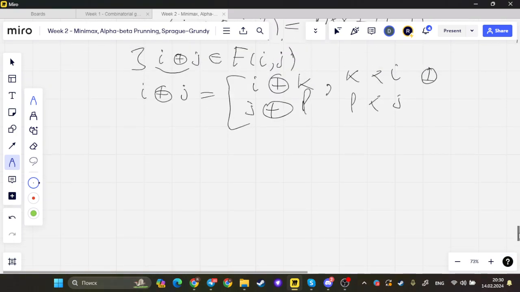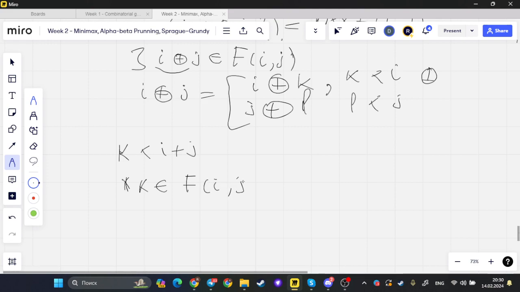Okay, next we need to prove that if we take k less than e plus g, it means this k belongs to this set, to f e g.